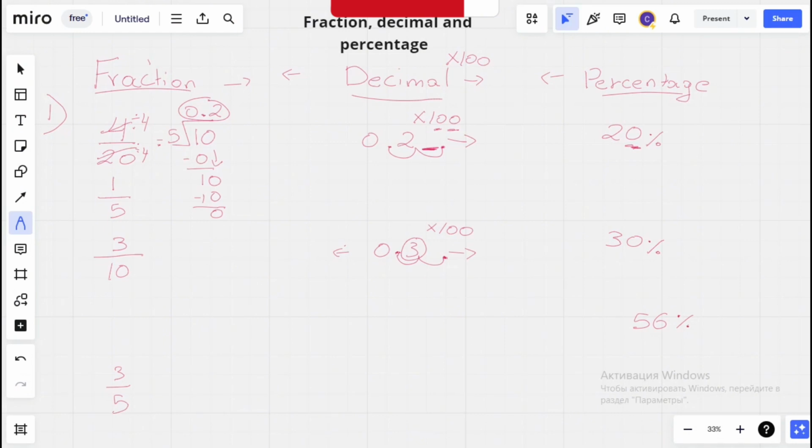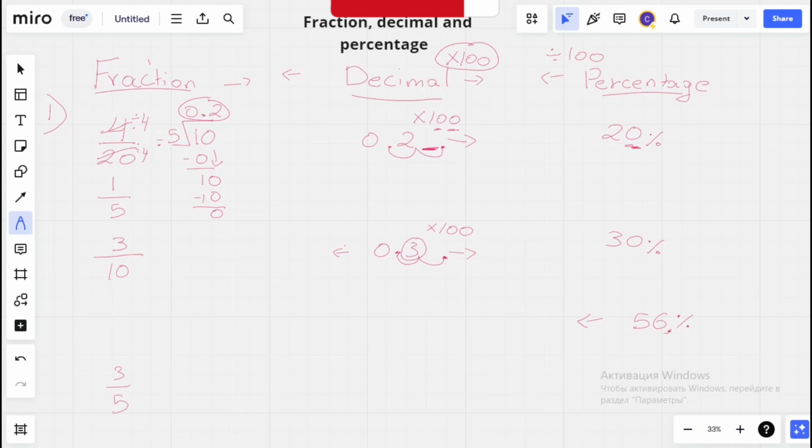Okay? Now, how do we convert it from a percentage to a decimal? So a decimal to percentage, you times 100. But from a percentage to a decimal, you divide 100. So 56 divided by 100. Remember, you start from here.